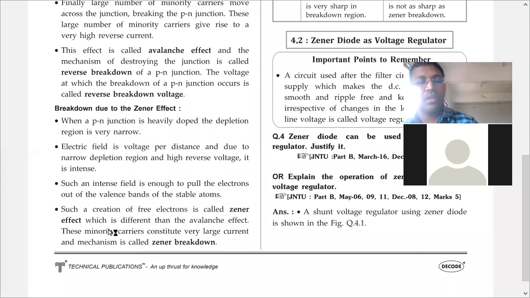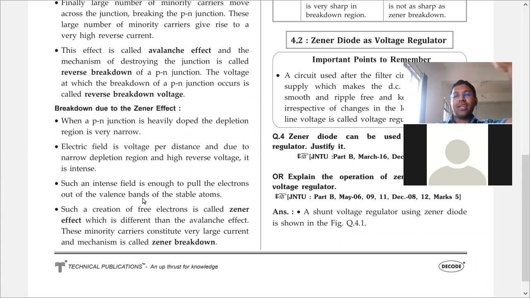So what happens in the Zener diode? The high electric field intensity will pull out the electrons from the valence band. Valence band is the outermost electron shell.